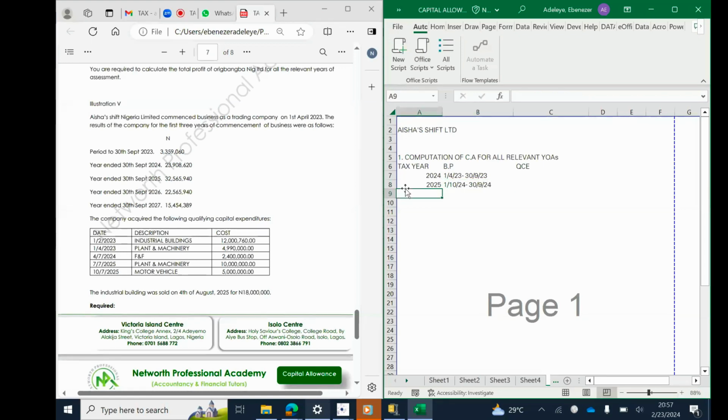The next one will be, who's saying that? Sir, how is it 24? This is the 2025 year of assessment or tax year. October 2023 to 30th September 2024. That second year is not correct, sorry. 2025 assessment.